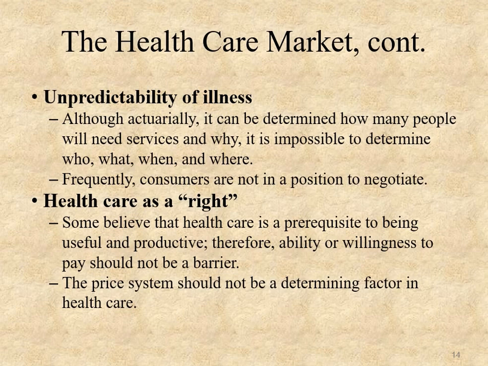Now, again, there is an IRAT that comes from this particular slide. When you're talking about the predictability of illness, you need to know that healthcare can be insured because the need for health services can be predicted with some certainty for large groups of people, but not for individuals.